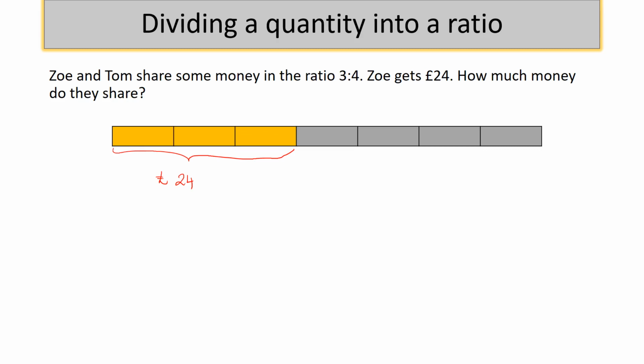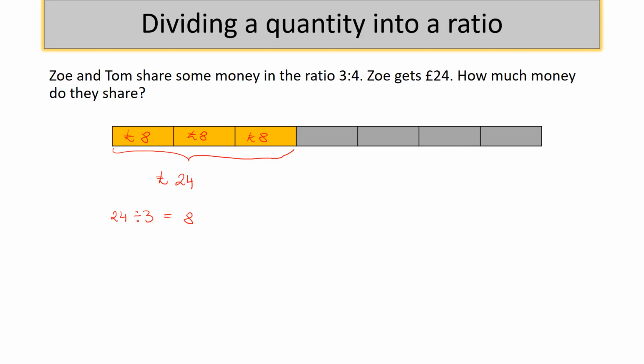Knowing that, I can work out what each part is worth. So if I divide 24 by 3, I get 8. So I know that each part is worth £8. Now I can work out how much Tom gets as well. The question is asking me about the total amount of money. How much money do they share?